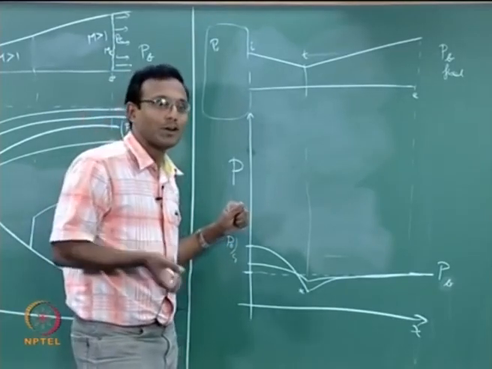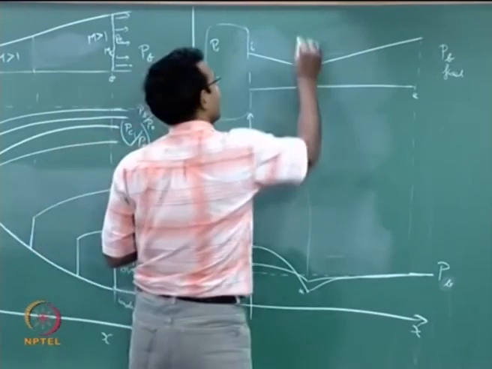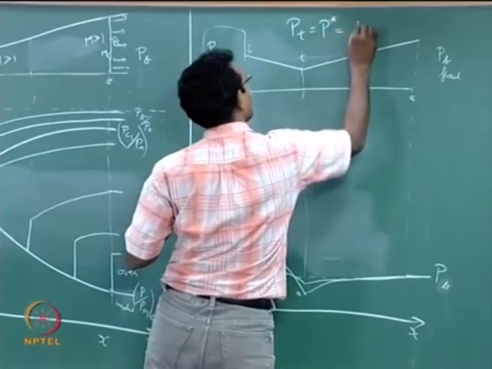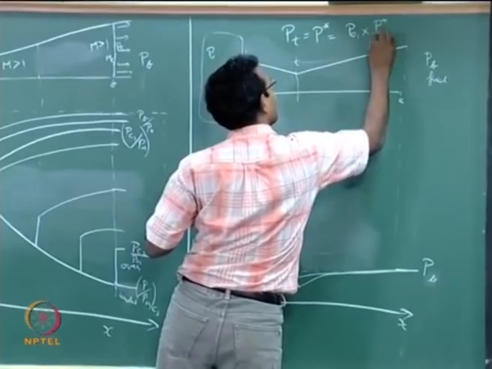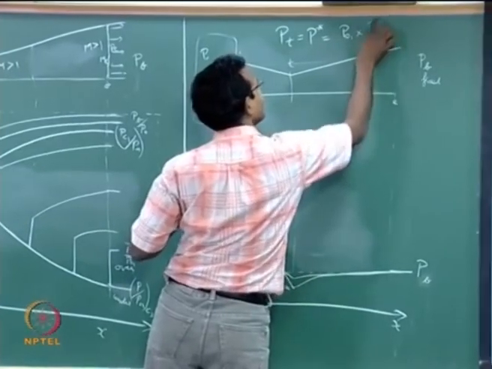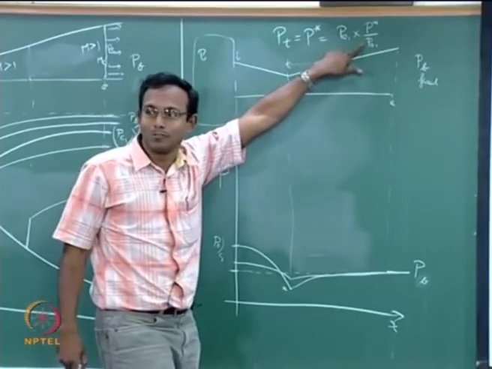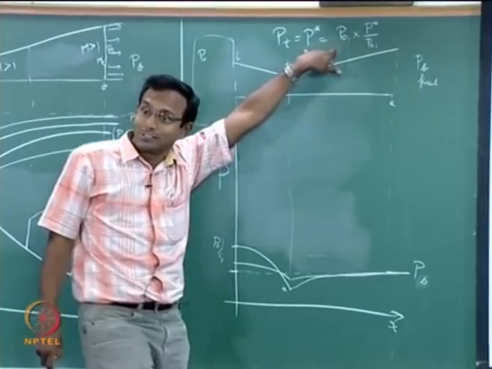I am increasing P naught, so P star should increase. Why? P at throat is equal to P star, which is equal to P naught 1 into P star by P naught 1. We know that this is a constant. This happens to be your 0.528 for gamma equal to 1.4. That multiplied by P naught 1. So P star should increase.